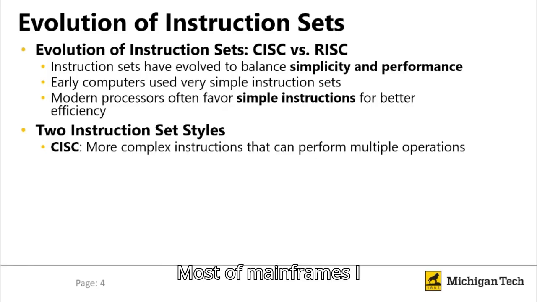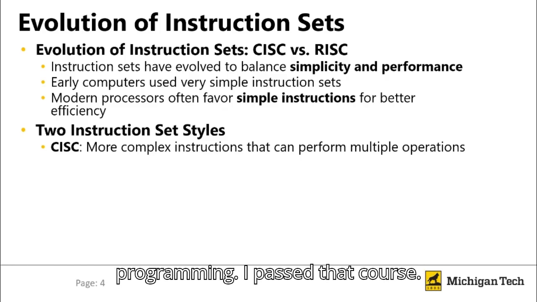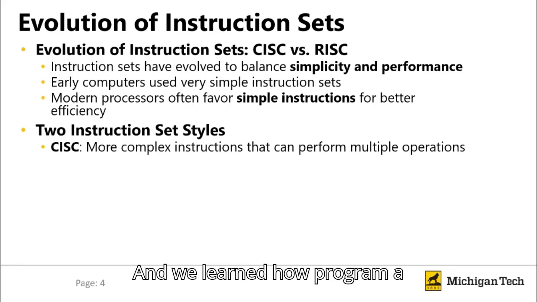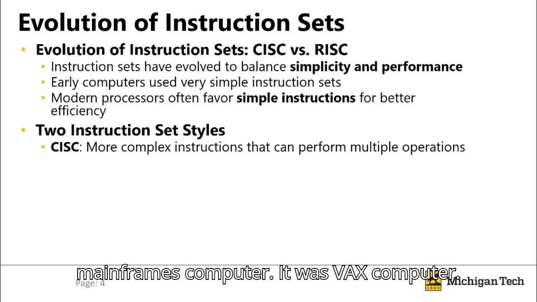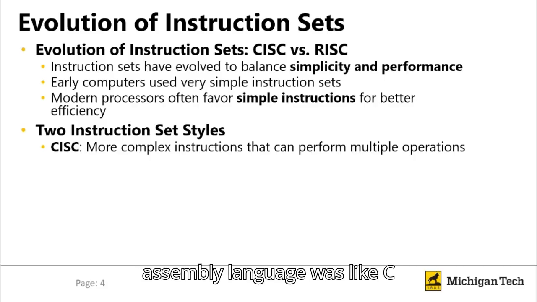That time was mostly mainframes. I remember we even had a course called assembly programming. I passed that course, and we learned how to program a computer. However, we were working with a mainframe computer, a VAX, which was a very specific computer, and the assembly language was advanced, like C++.